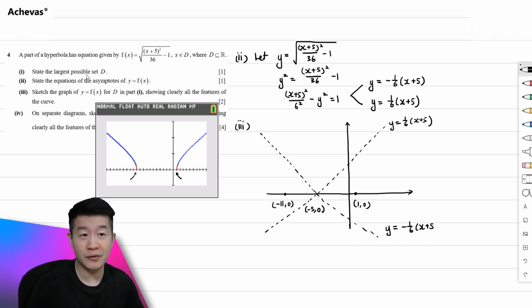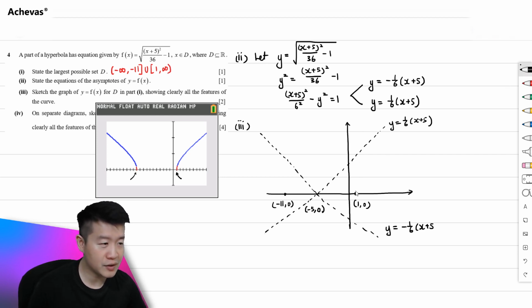Which is what we have gotten in the first part, right? For part 1, we saw that D is from minus infinity to minus 11 inclusive, or from 1 all the way until infinity. So my hyperbola is going to start from here with a solid dot, then tend towards the asymptote this way. The same for here, then tending towards the asymptote.